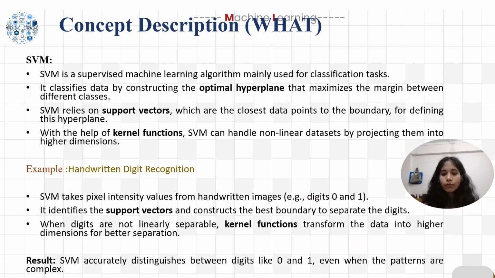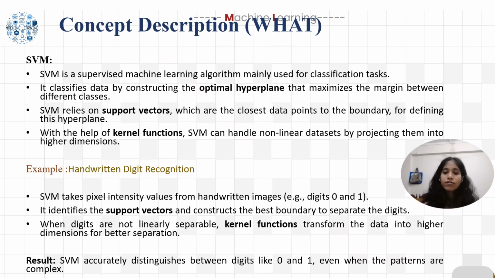SVM is a support vector machine, and it is a supervised machine learning algorithm which we use for classification. It classifies the data by constructing an optimal hyperplane, and this optimal hyperplane maximizes the decision boundary and separates the different classes. The classes are separated with more accuracy with SVM.